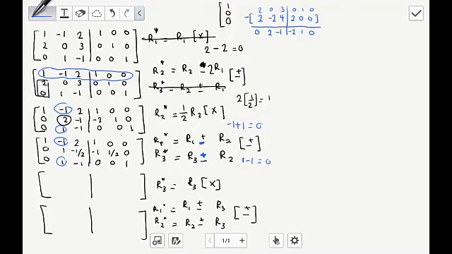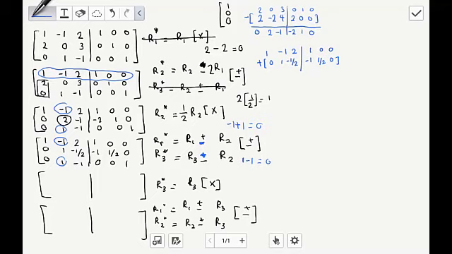For better understanding, we will write down what is row 1. Row 1 is 1, negative 1, 2, followed by 1, 0, 0. We're going to plus with row 2: 0, 1, negative 1 over 2, negative 1, 1 over 2, 0.